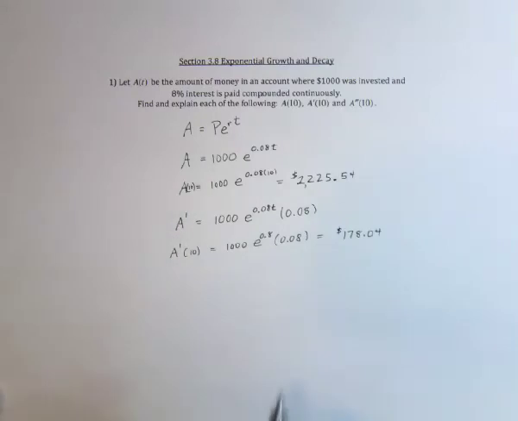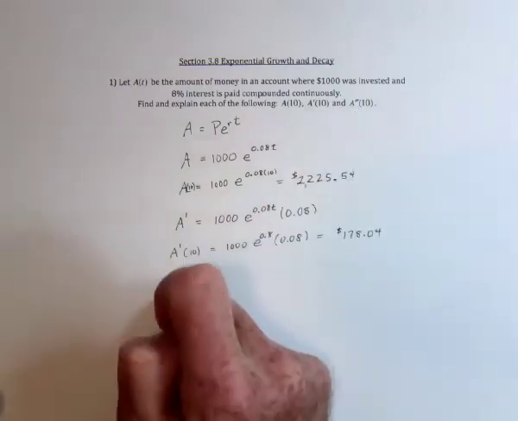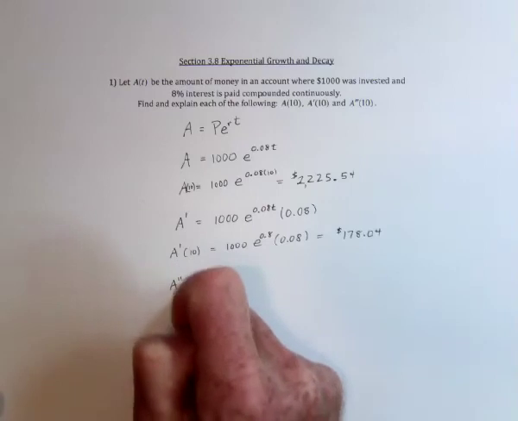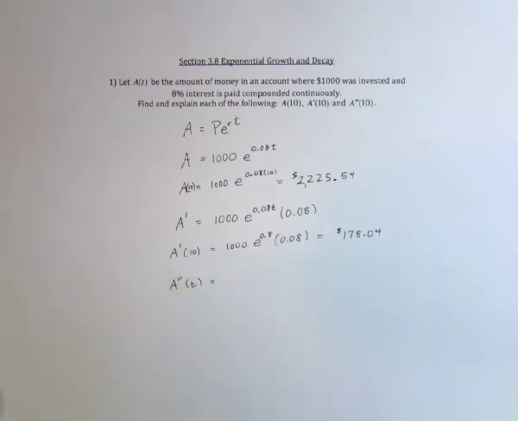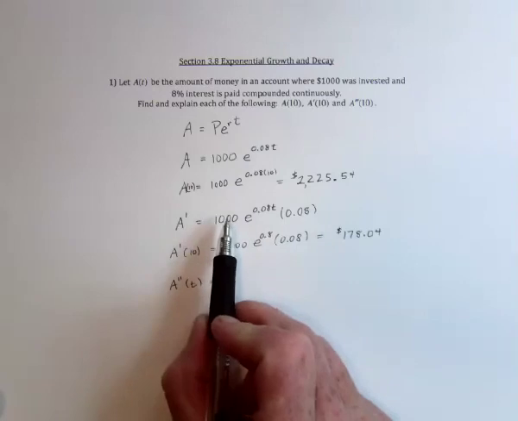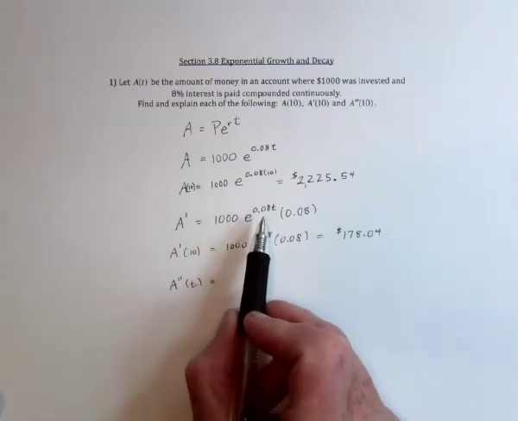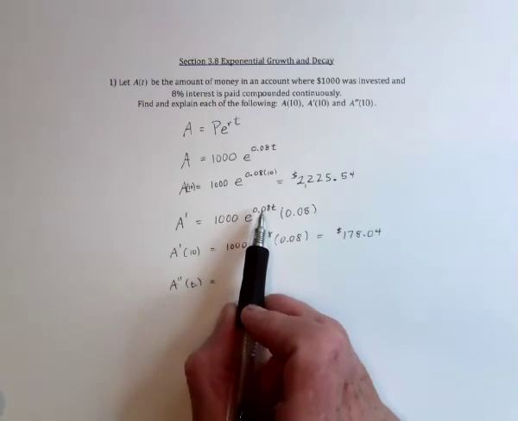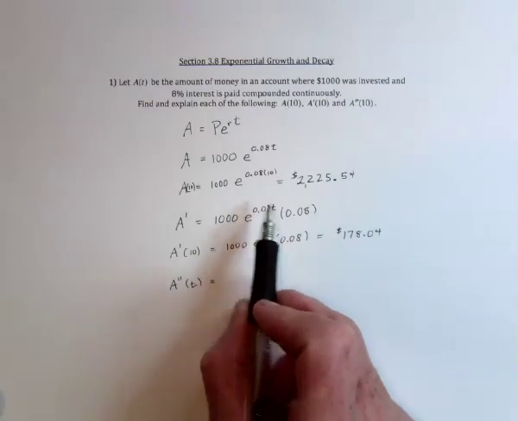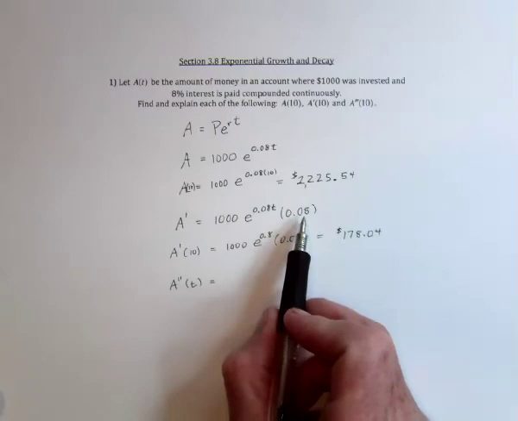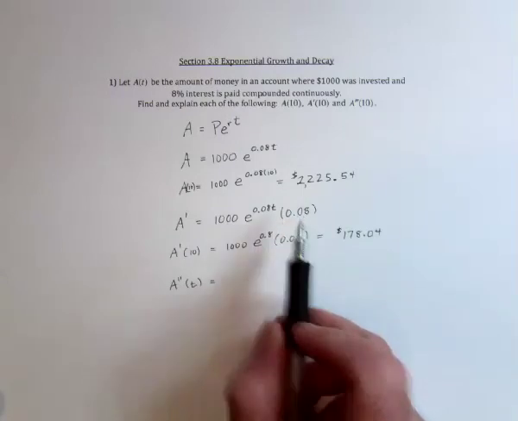Okay, and then take the second derivative, so that's going to be the derivative of the derivative, first of all with respect to t. So go back to the derivative here and take the derivative of that. So it's going to look the same, except we need the chain rule again, so this is then going to be 0.08 squared.